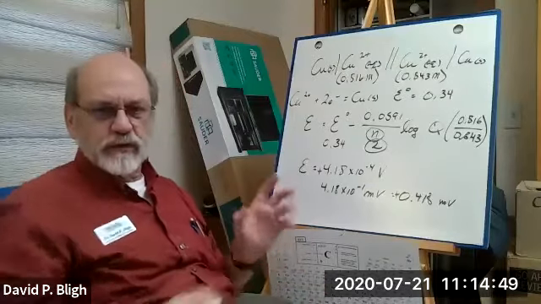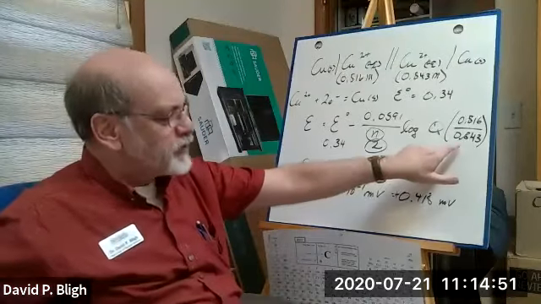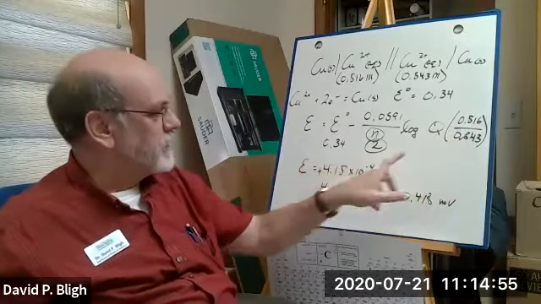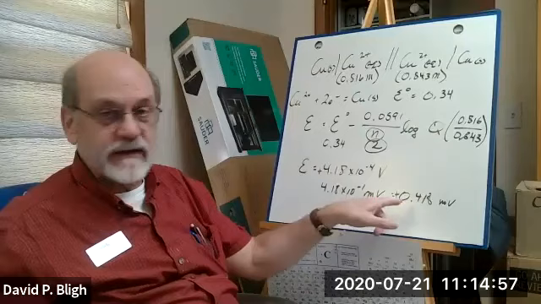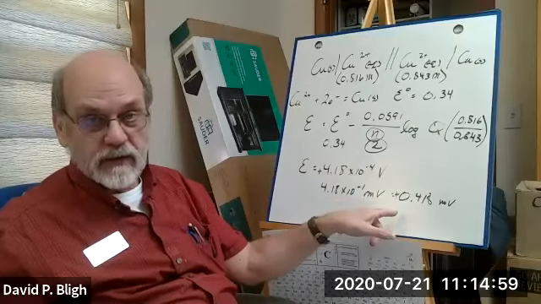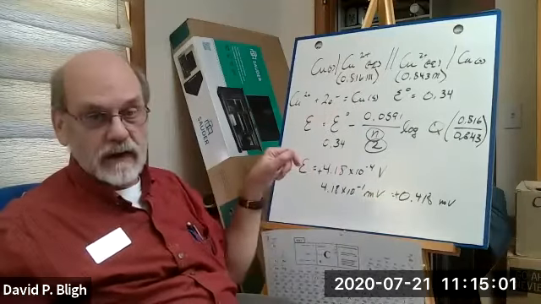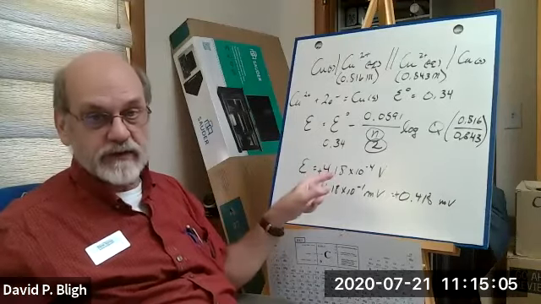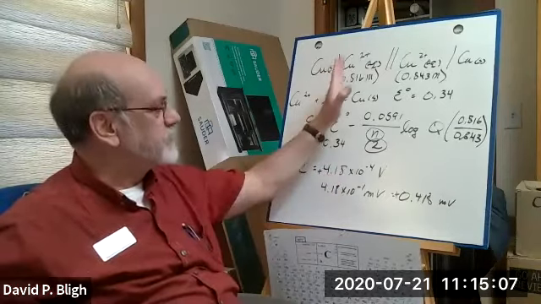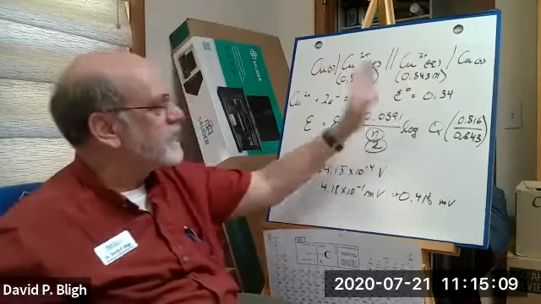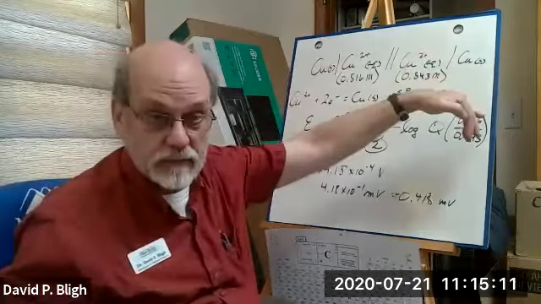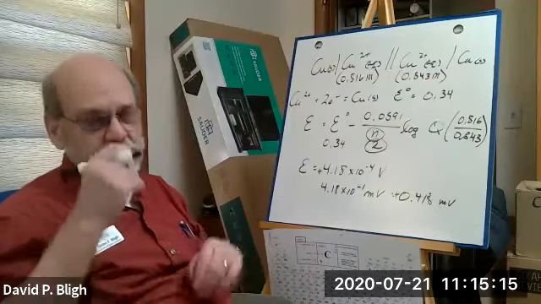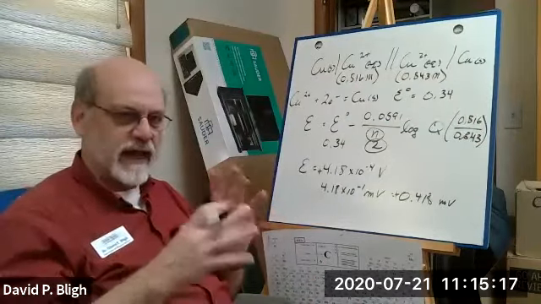Now, what are some clues? If you happen to put your numbers in the wrong place here, what will happen? You'll end up with a negative voltage. And as written, you know it's wrong because it should be a positive voltage. If this side's lower concentration than that side, it should go that way. Okay, and we discussed that in class in terms of Le Chatelier's principle.